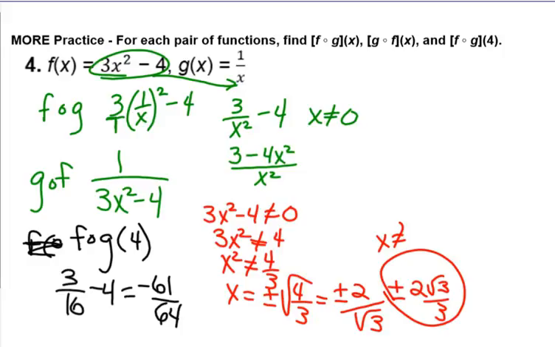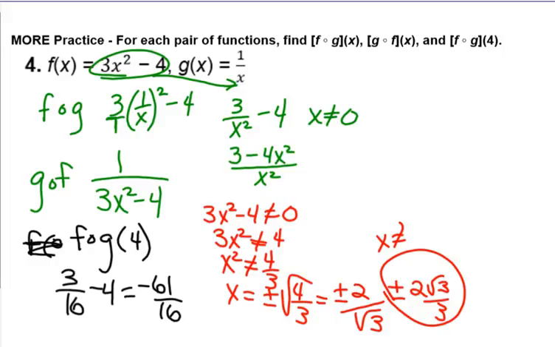Or that's supposed to be over 16. Where did I get a 64? This was 64 over 16, so anyway, 4 with a common denominator is 64/16. Just type in your calculator right now: 3 divided by 16 minus 4, math, enter, enter.